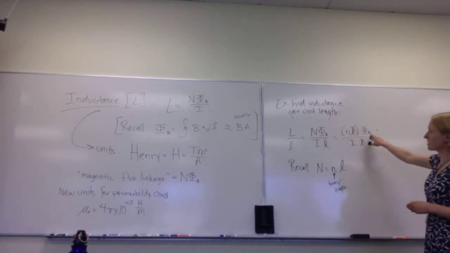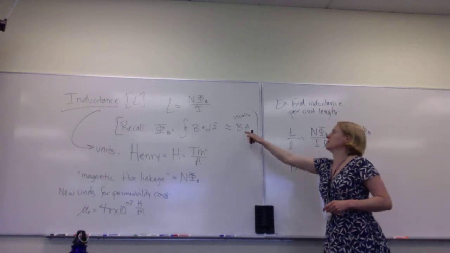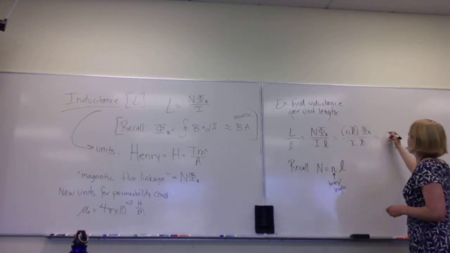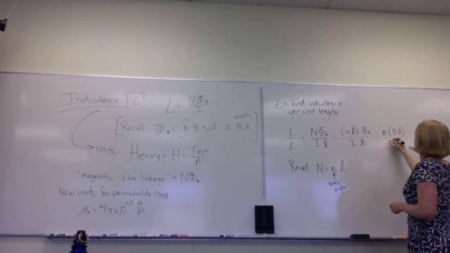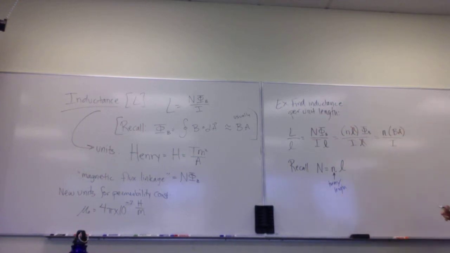And then our flux, we said, usually reduces down to B times A, so we'll substitute that in as well.